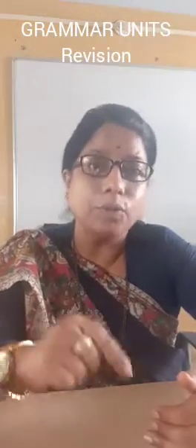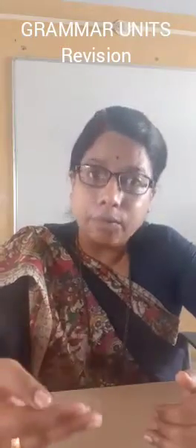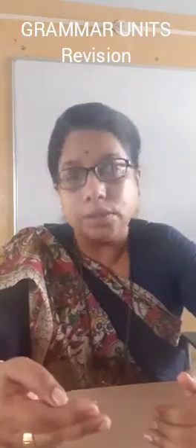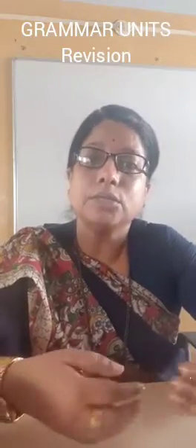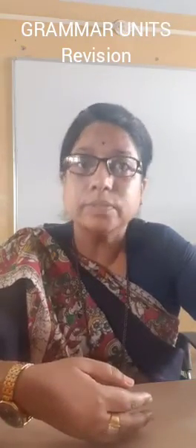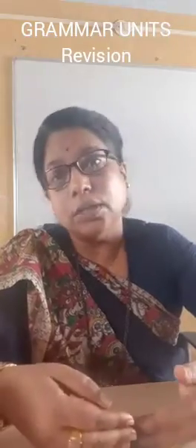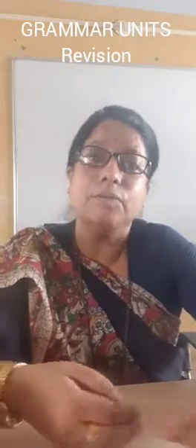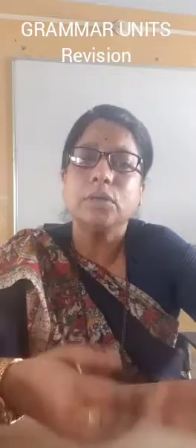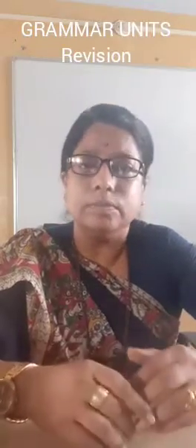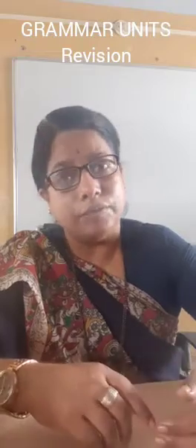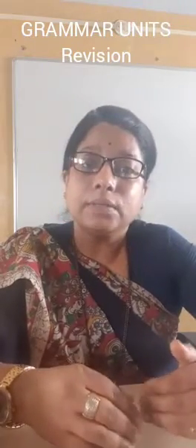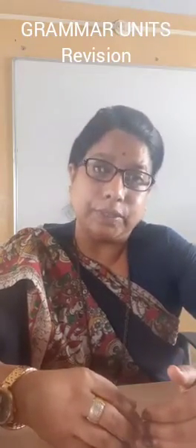I repeat: noun phrases, in which the head word or the most important word is a noun. A verb phrase is the phrase that consists of the verb elements, the main verb and the auxiliary verbs and the modal auxiliary verbs going with it, or without these modal and auxiliary verbs. Then the third type of phrase is the adjective phrase.